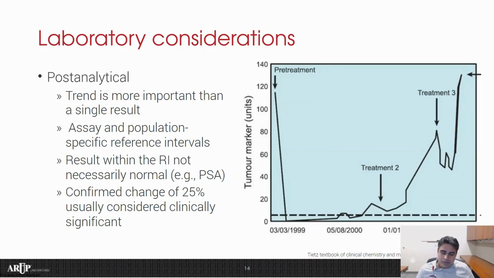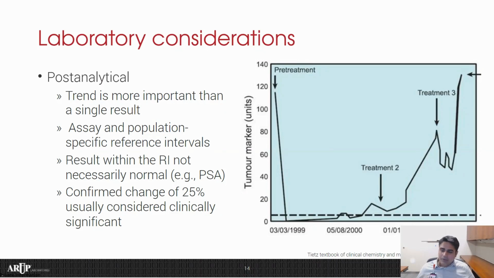Individuals who undergo prostate removal, their clinicians expect PSA levels to be less than the population normal, right? And so if there is a persistent level of PSA in an individual who does not have a prostate, but the levels are within reference interval, it may actually suggest residual disease. So this is an important consideration.